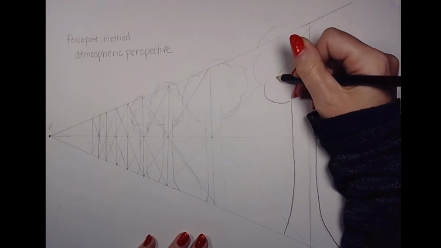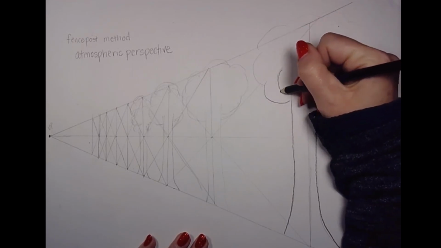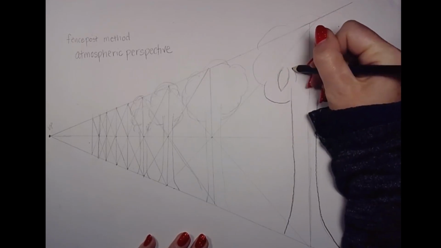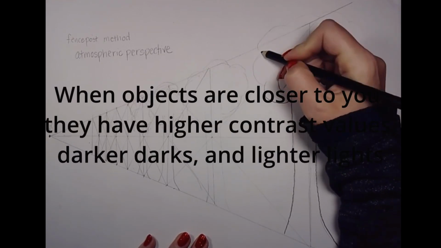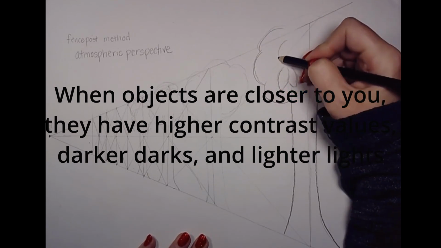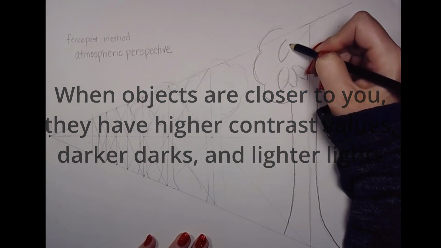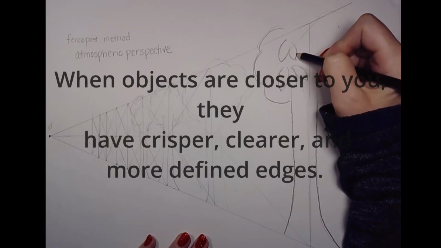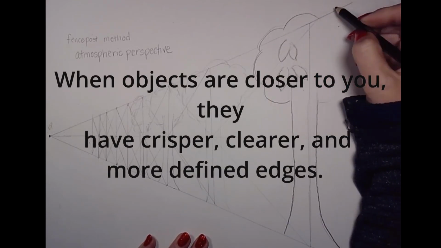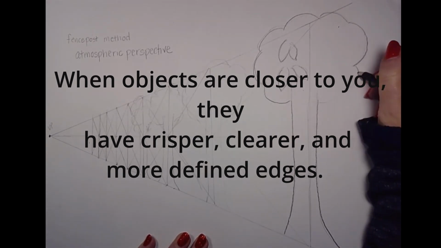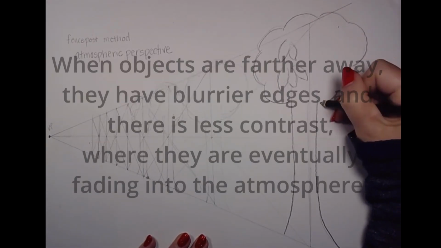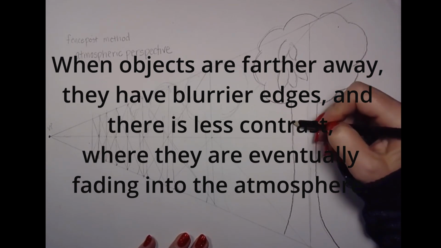So there's less contrast. Let's put some leaves on here. And the outline could be fuzzier or blurrier, as if it is disappearing into the atmosphere.